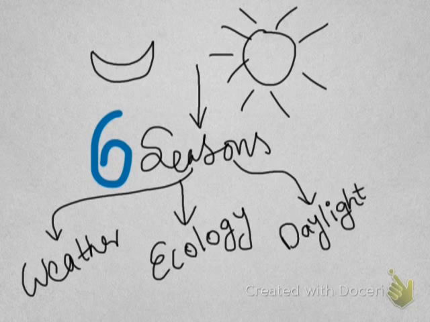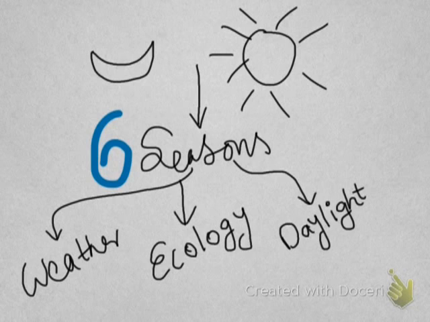So, based on each season, they were able to predict the amount of daylight, the weather condition, the type and quantity of food they would get, and the necessary precautions they needed to take to protect themselves from the weather conditions and the predators. Each season was changing after 2 moon cycles, and the same pattern was repeating after 6 seasons. So, essentially, after 12 moon cycles, the seasons were repeating.